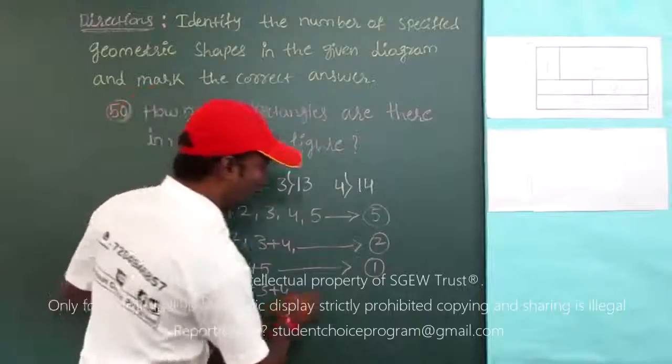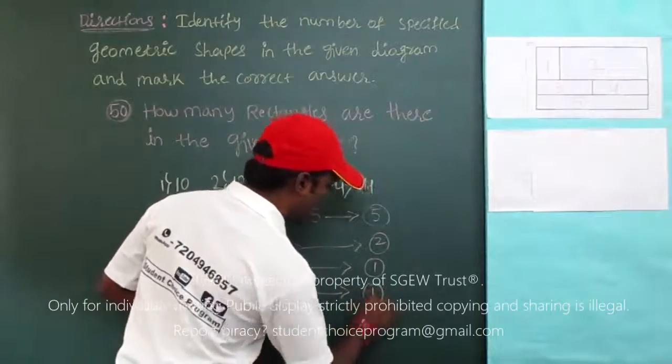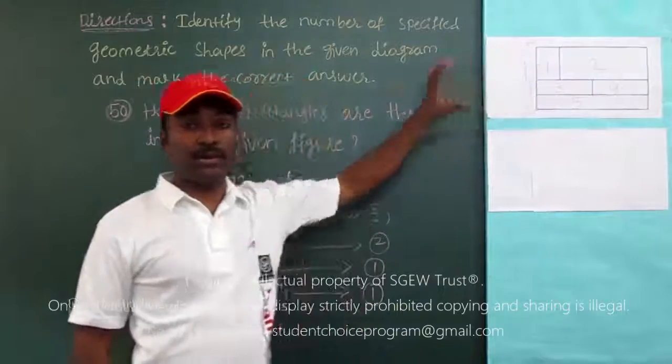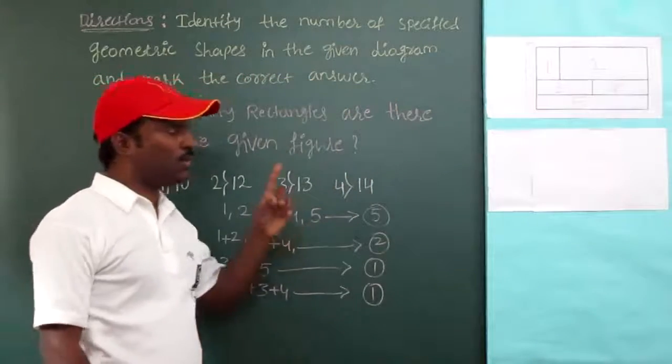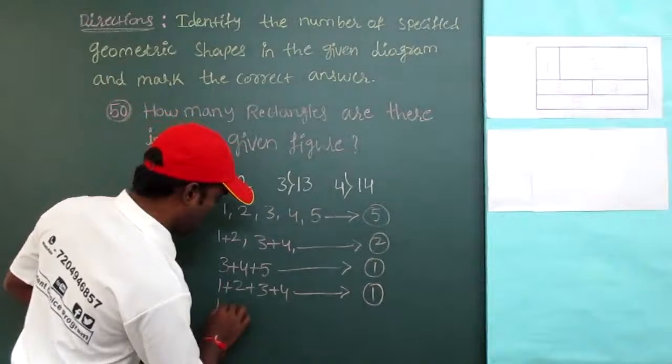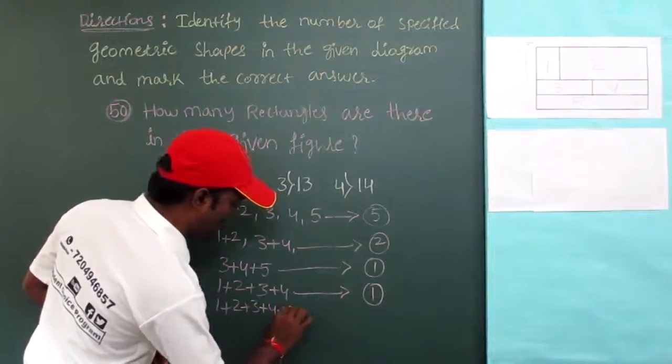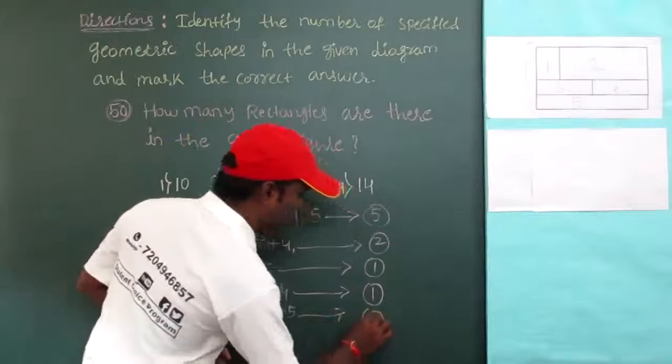So only one we got with the 4 combination. And next is combining all the small parts, do you get a rectangle? Yes, you are going to get one big rectangle after combining all the parts, 1, 2, 3, 4, 5.